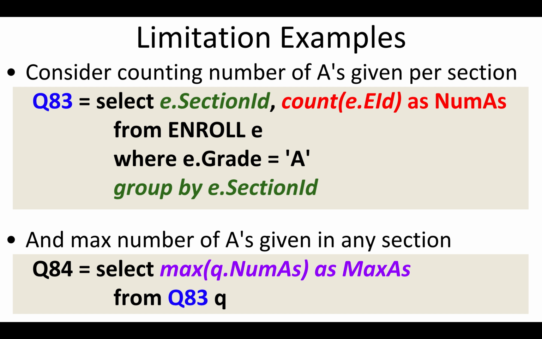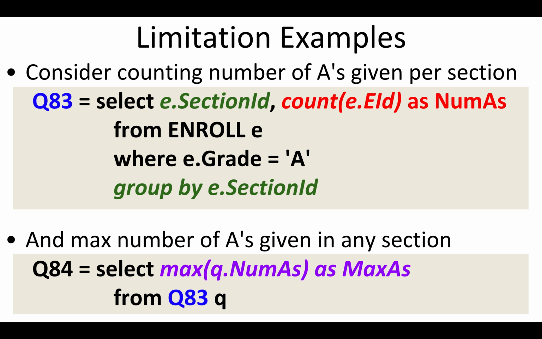But one thing that we cannot ask here is, give me the number of A's, comma, the section. We can't do that, because the sections are gone. The entire table was grouped, so the individual values of the records are gone. You only have aggregates of those fields.